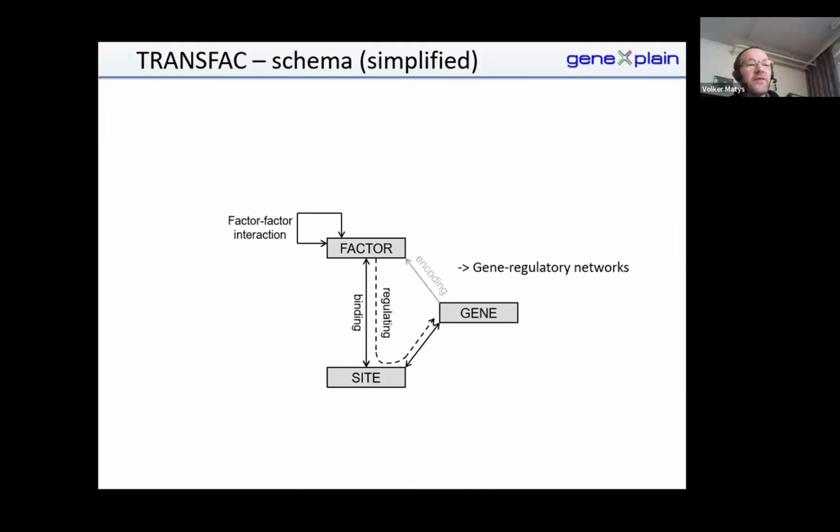From these interactions, in case a regulated gene encodes a factor, you can get the next encoded factor and extract a gene regulatory network.